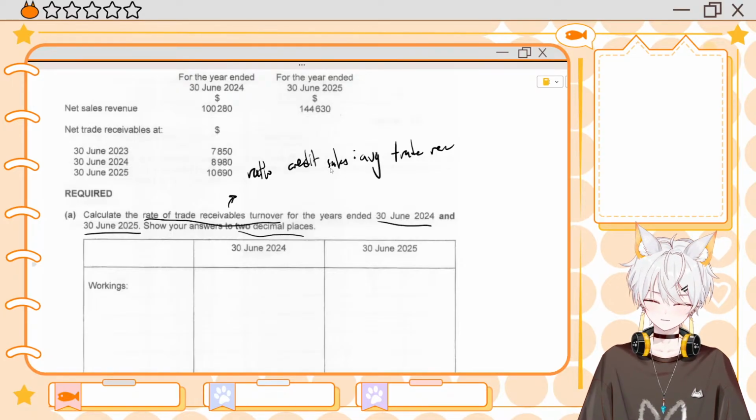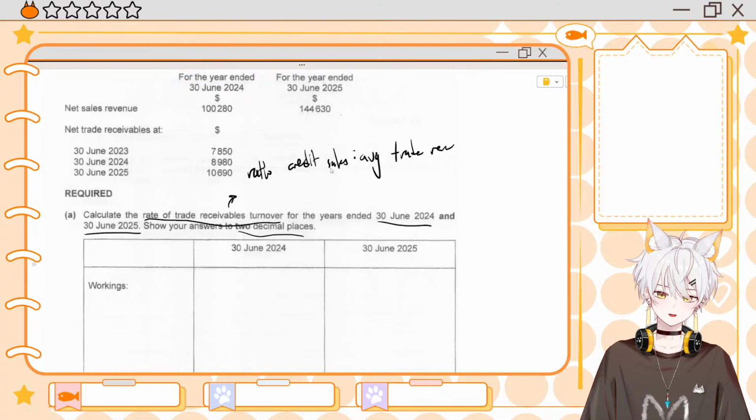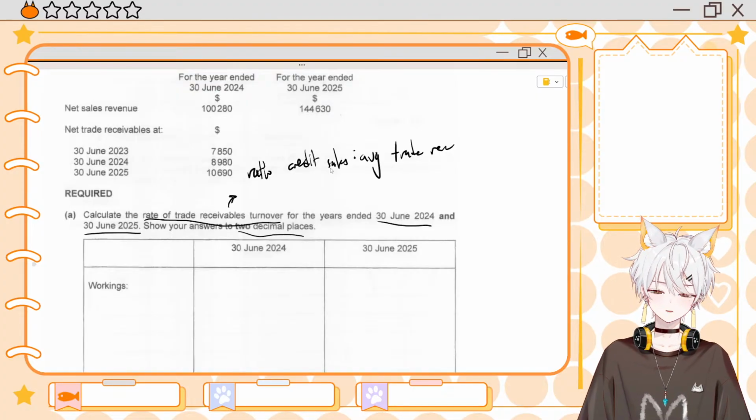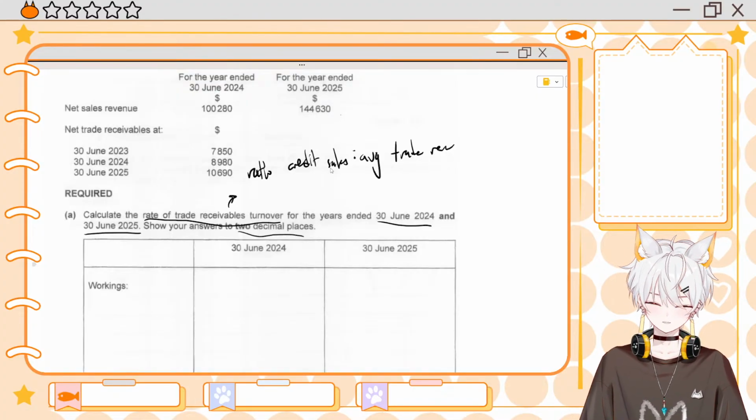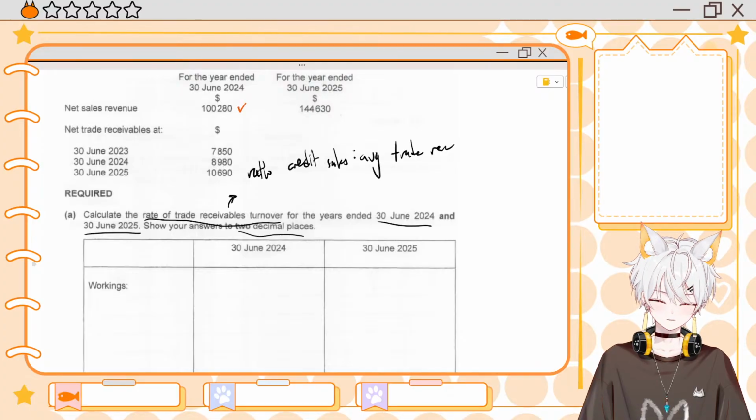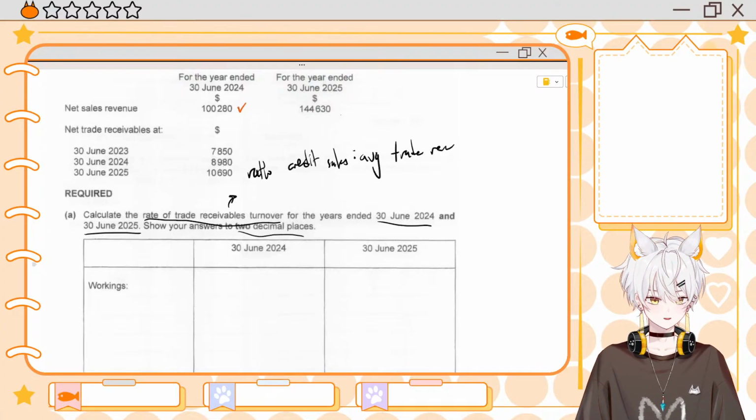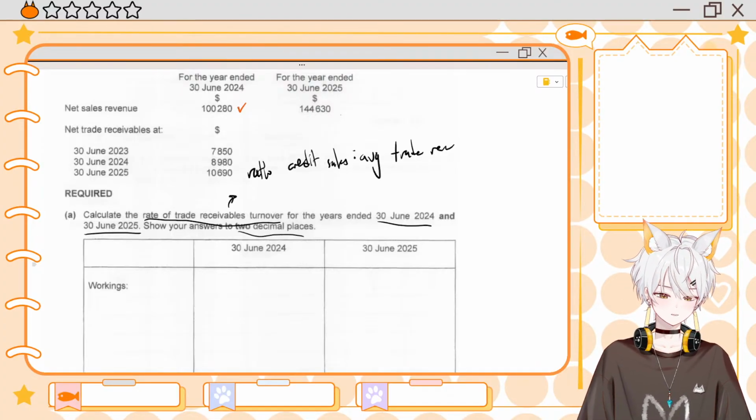So we need to calculate for 2024 first. We take the sales revenue, which is also the same as total credit sales because everything is made in credit sales for this business.